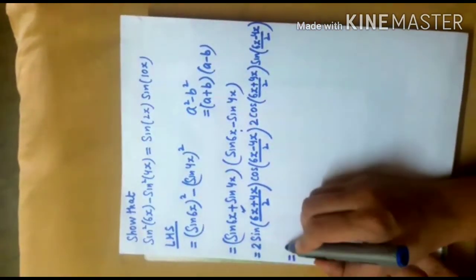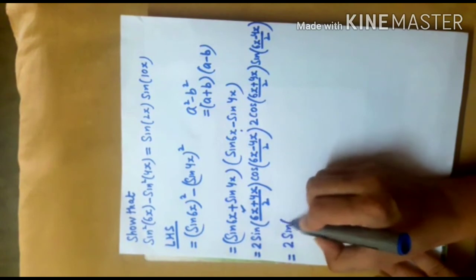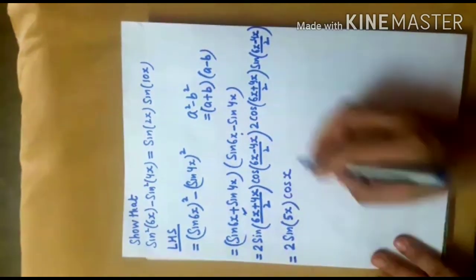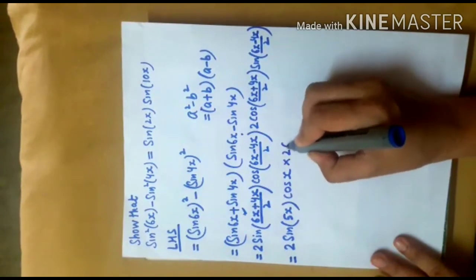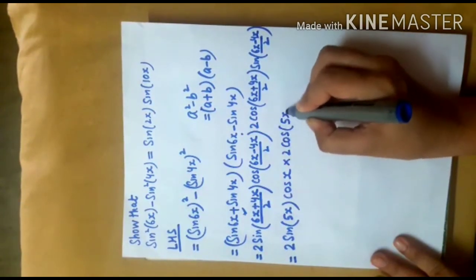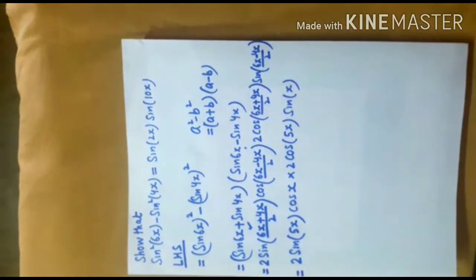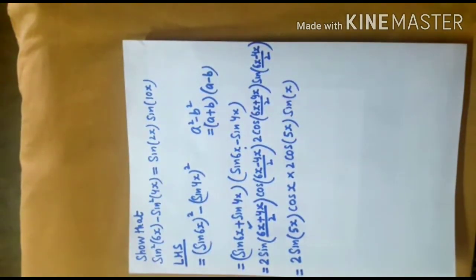On simplification, I'll get 2 sin 5x cos x, 2 cos 5x, and here it is sin x, right?